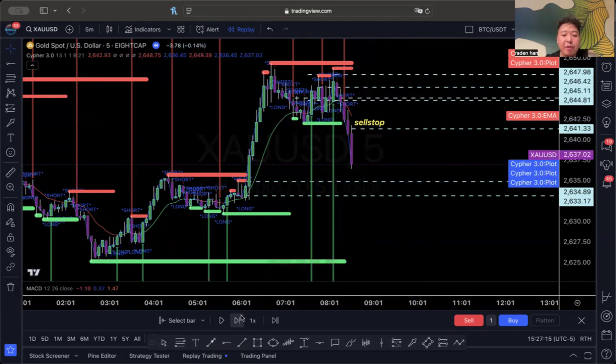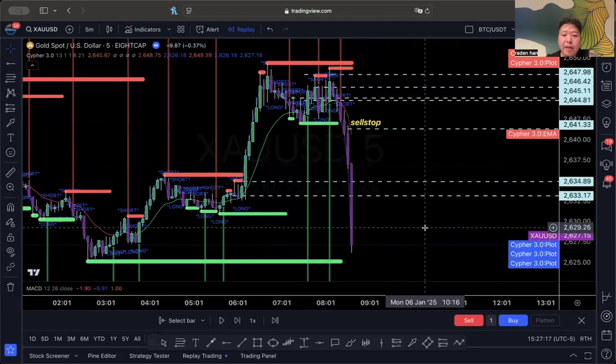I'm going to give you guys a couple more examples. Look at this. Do I need to even explain further how powerful this software is? You guys are not using this right. If you have the software, you're not using it to its full potential, okay? When you use Cypher properly, you can get 2, 3, 4, 5,000% gains in a matter of a few months.